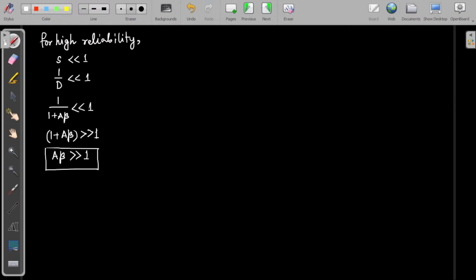So if the A beta value is very much greater than 1, what can we say from this equation?